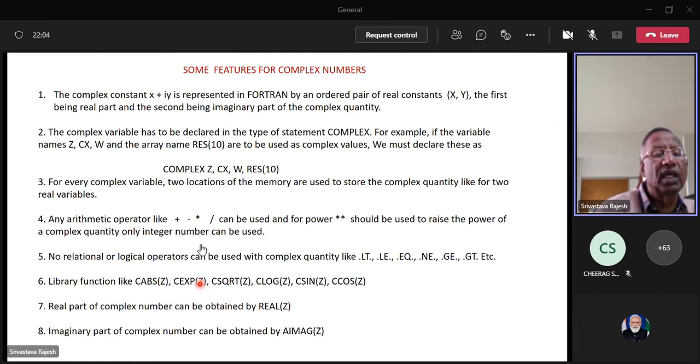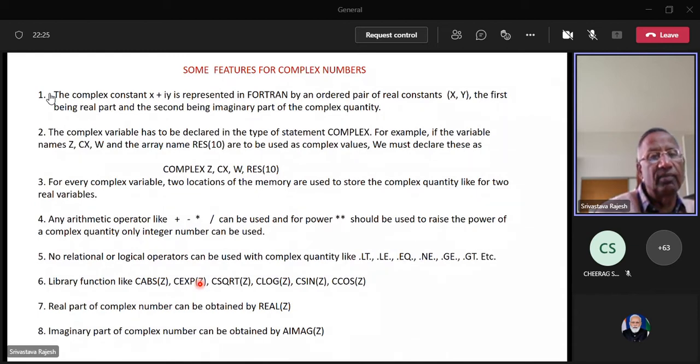What does it mean? Like if I have to multiply A plus iB with C plus iD, I separately multiply those and handle the real and imaginary parts separately.